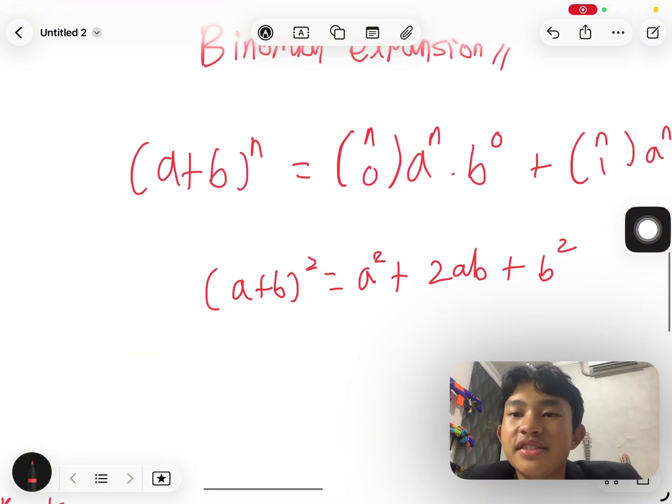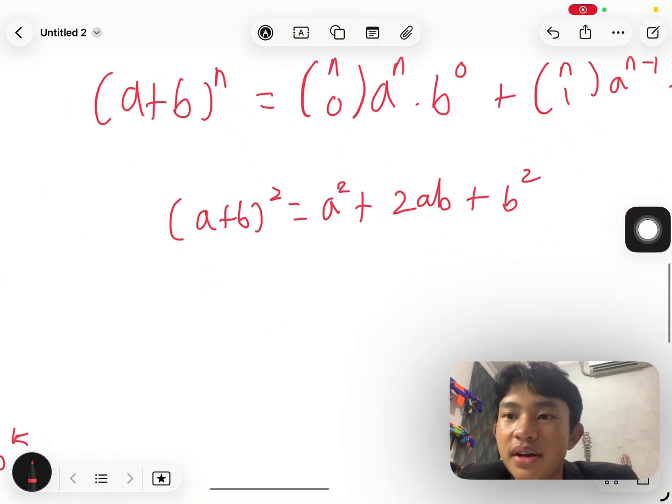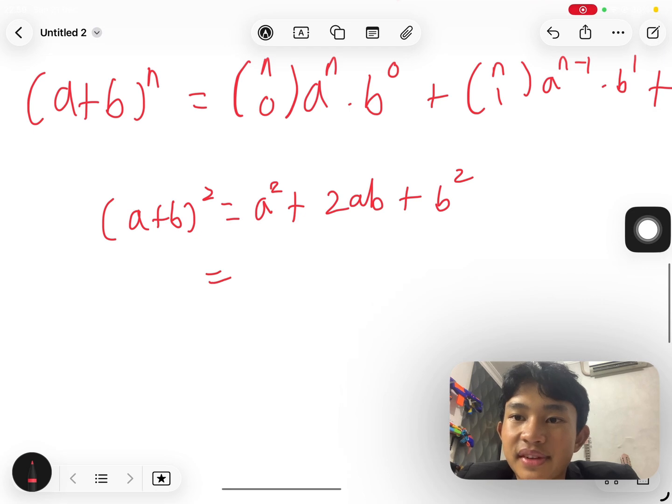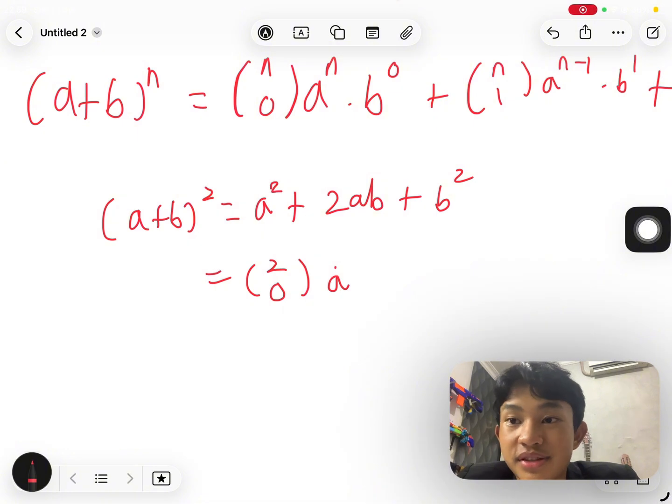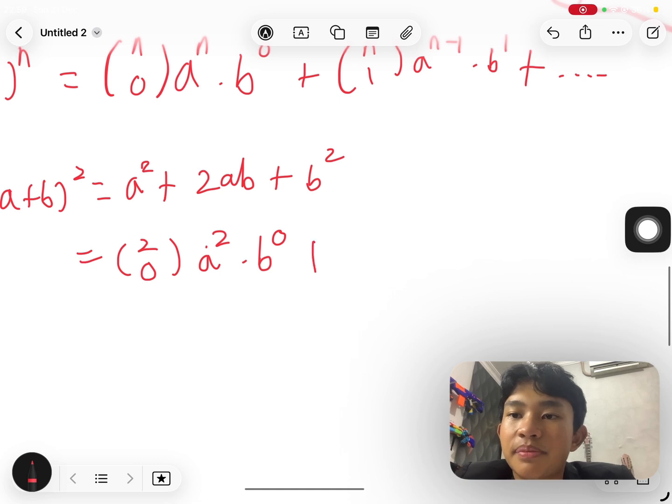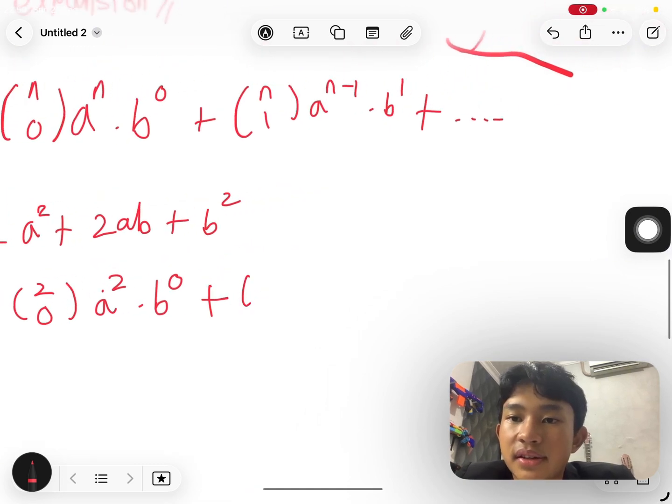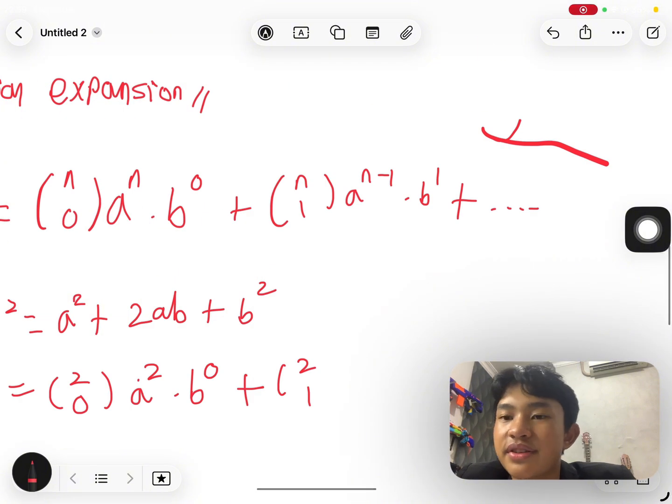So when we have (a + b)^2, we actually have 2 choose 0 times a to the power of n, which is 2, right? Times b to the power of 0, because it starts off at 0. And then plus 2 choose 1, because the k always increases, right?